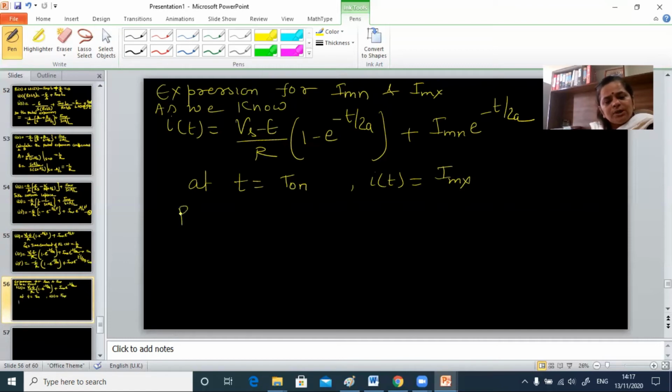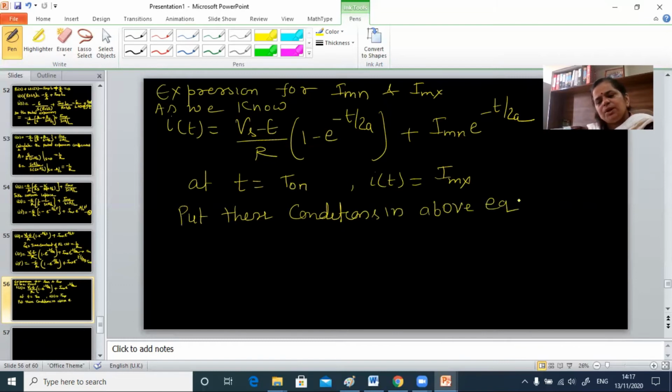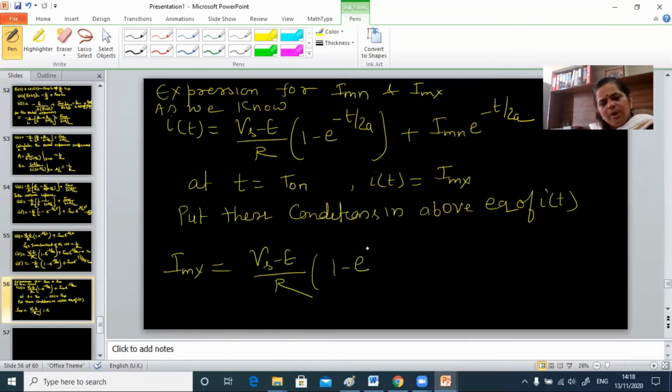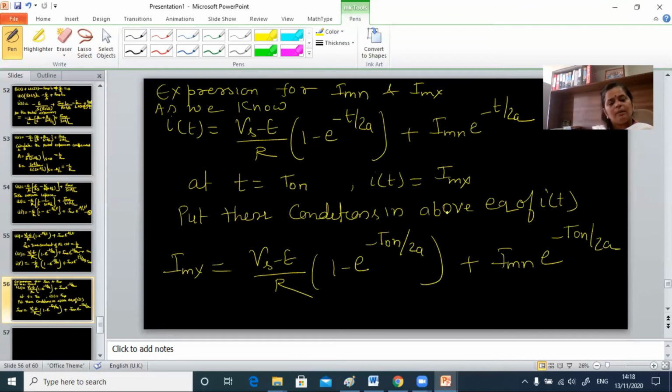So put these conditions in the above equation of i(t). So what is the value of i(t)? I max is (Vs minus E) by R times (1 minus e to the power minus TON by τ) plus I minimum e to the power minus TON by τ. We have put in these boundary conditions. Suppose I am saying this is equation number 1.